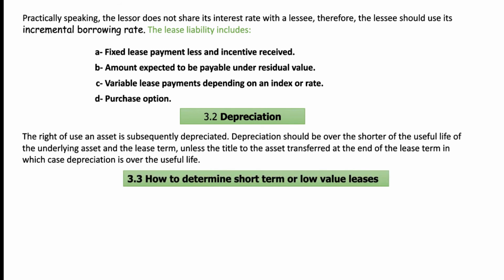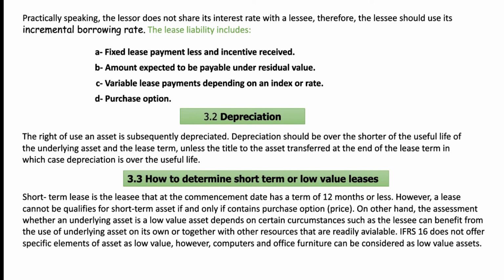How to determine short-term or low-value leases? IFRS 16 stated that the lessee should determine whether the lease contract is a short-term or low-value lease. A short-term lease is a lease that at the commencement date has a term of 12 months or less.